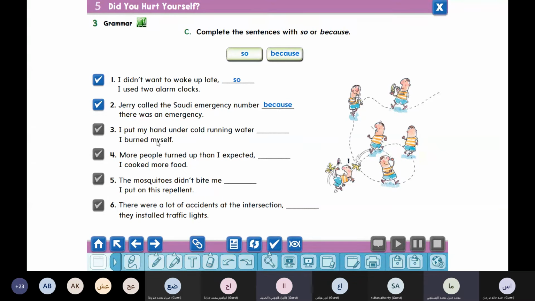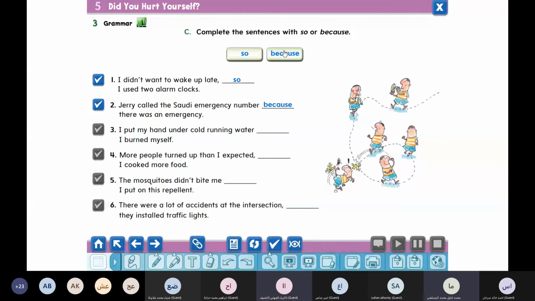Can I answer, teacher? Yalla, Amir. I put my hand under cold running water, so I burned myself. I think it is because. I put my hand under cold running water. Why? Because I burned myself.